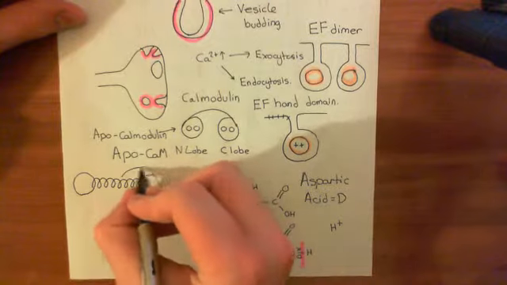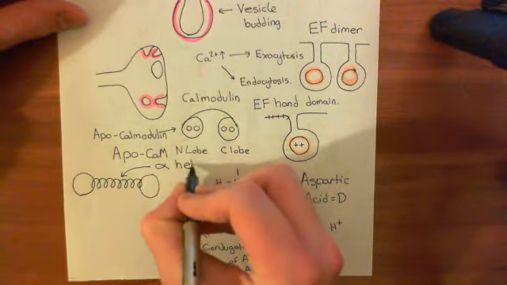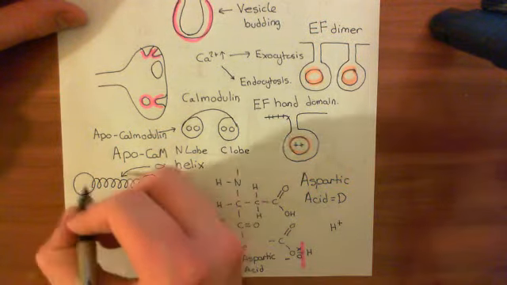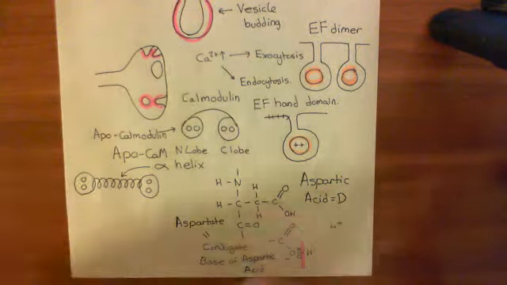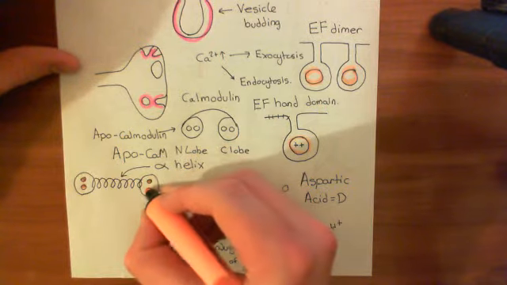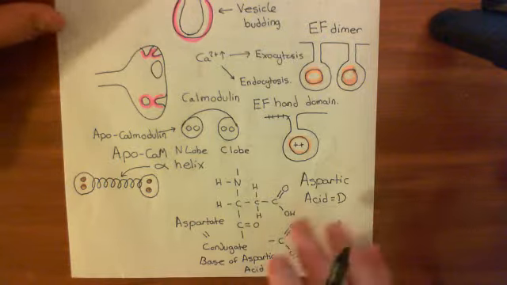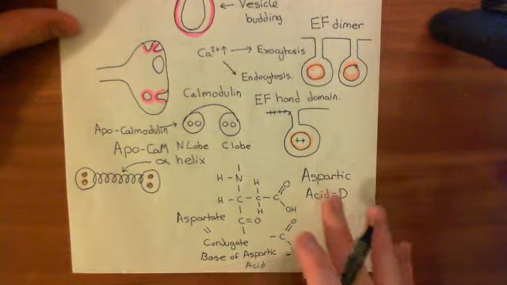Okay, so this is an alpha helix here. Okay, right, and now to both of these calcium binding sites on each lobe, you've got calcium bound. So you've got 4 calciums in total bound to this Calmodulin protein now. And I'll show that by colouring in these calcium binding sites orange to denote a calcium ion binding in there.